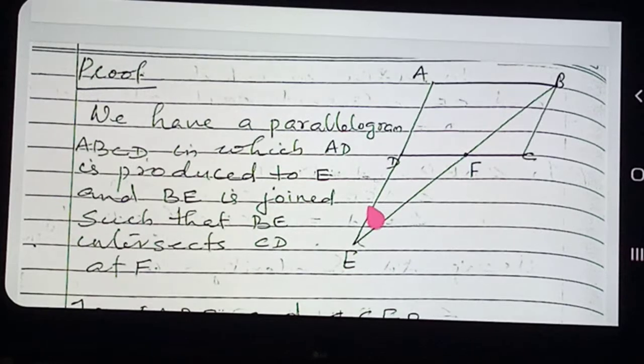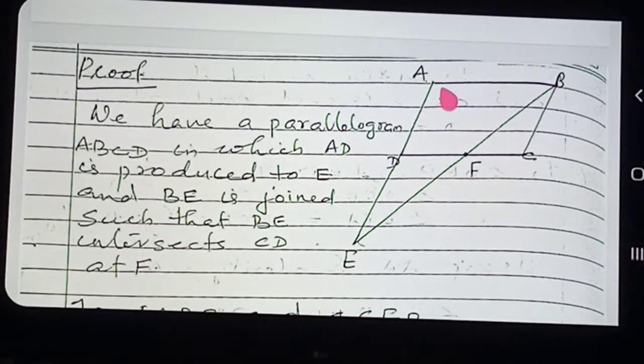Next, one more angle you want to prove congruent. Which angle? See this angle A, and what about this angle C? Are they equal or not? They are equal. What's the reason? Opposite angles of a parallelogram. Angle A and angle C are opposite angles of a parallelogram.